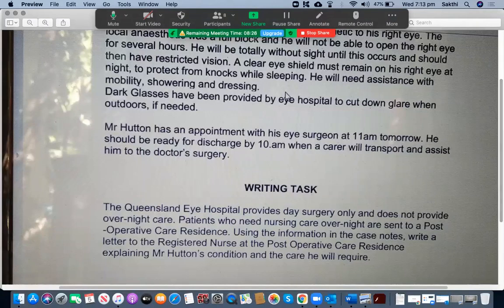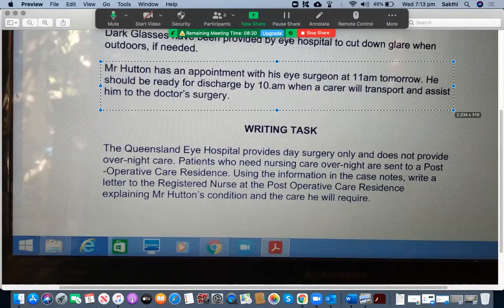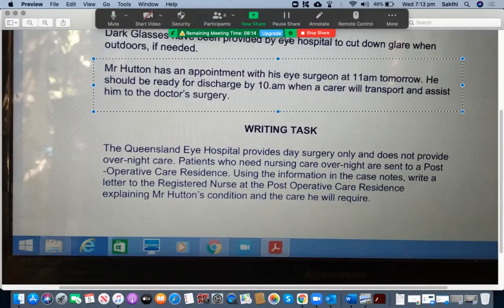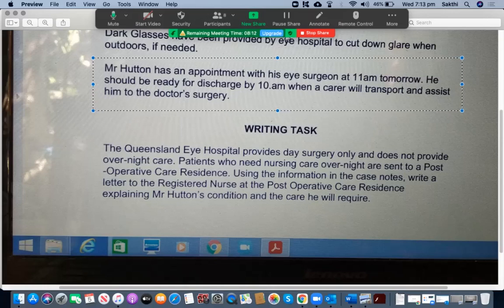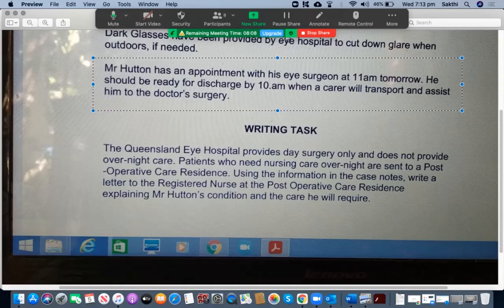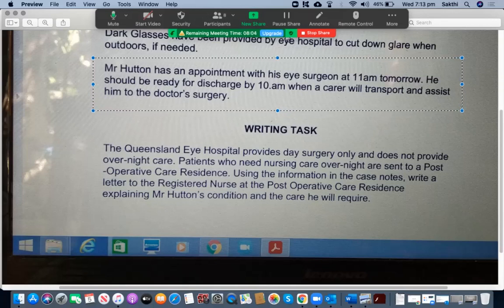He has an appointment. Okay, that's good. The carer will transport and assist. Try not to use the same words. It's not good. I mean, try to use other words, like instead of writing assist, you can use the other words like support or provide care or things like that.